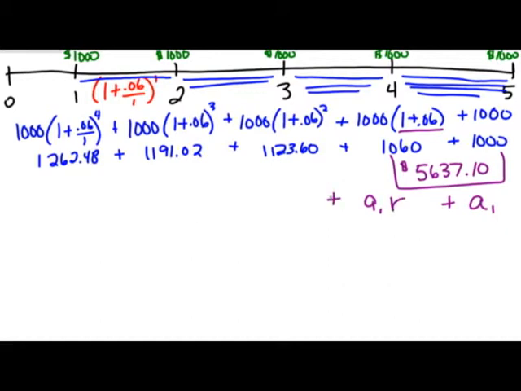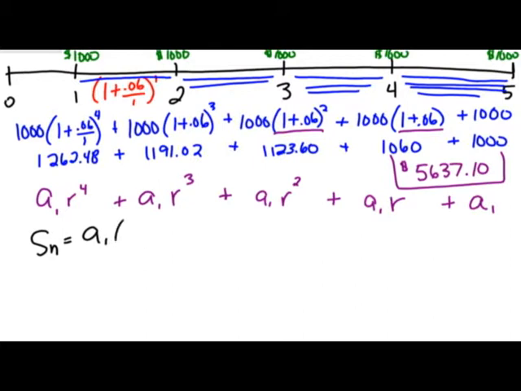And in our next term, we added that initial amount times that common ratio again, squared. In our next term, we had our a sub 1 times r to the 3rd. And in our last term, we had that a sub 1 times r to the 4th. Doesn't that kind of follow our geometric sequence formula? So then if I were going to add all these values together, could I use my geometric series formula?